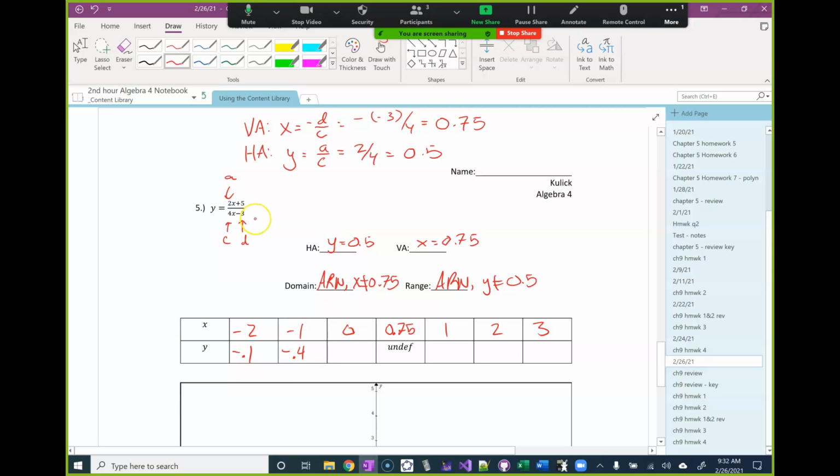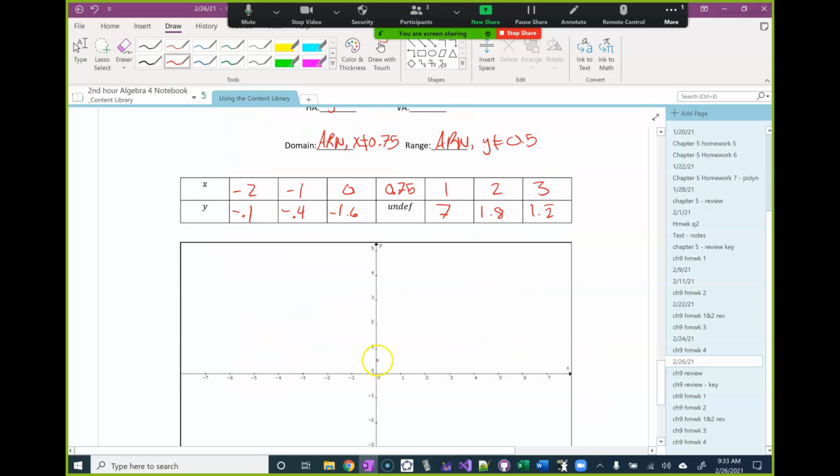I put the 0 in, that's 5 over negative 3, so that's just negative 1.6. The 1 in is 7 over 1, so that's just 7. Then we have 9 over 5, which is 1.8. And then we have 11 over 9, which is 1.2 repeating.